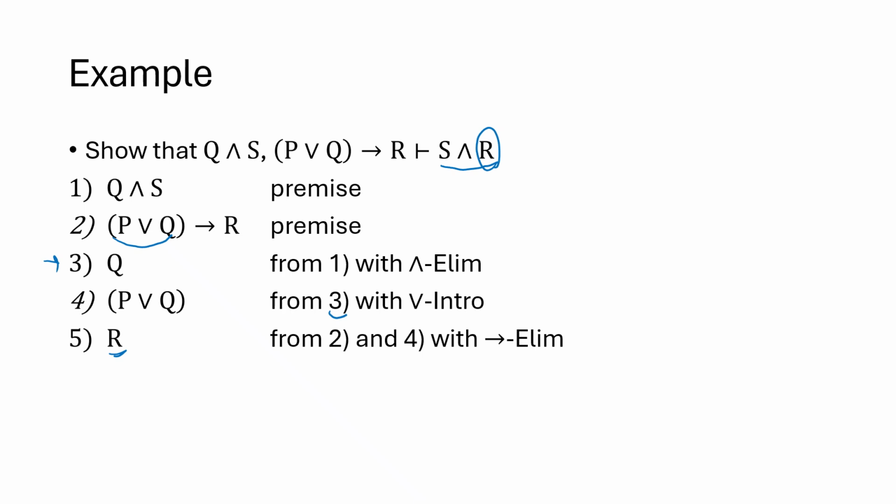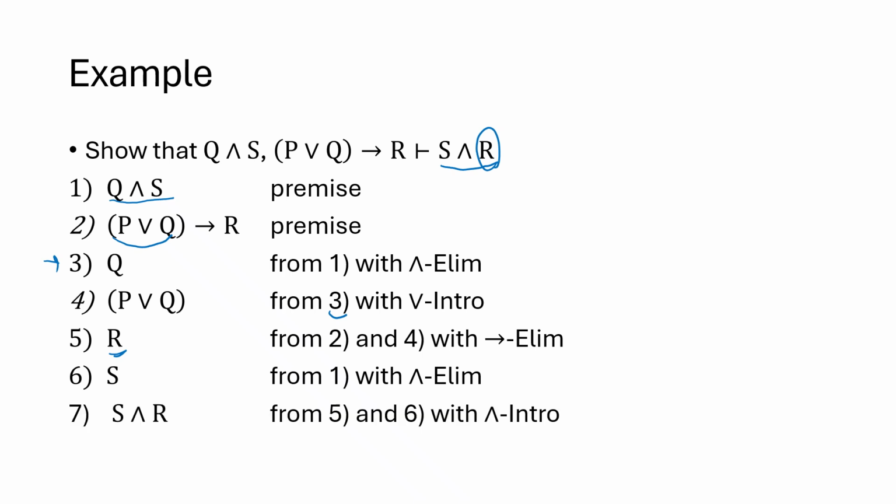Now somehow I need to get S. And again, if we look at line number 1, I have Q and S. So from that, using AND elimination, I can get S. So from 1 with AND elimination. And now that I know R and I know S on lines 5 and 6, I can combine them using AND introduction to get S and R, which is the conclusion I was looking for. And that completes the proof.